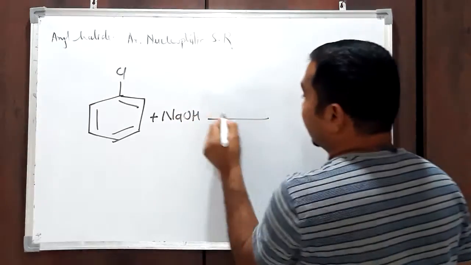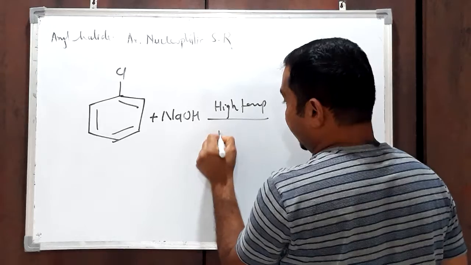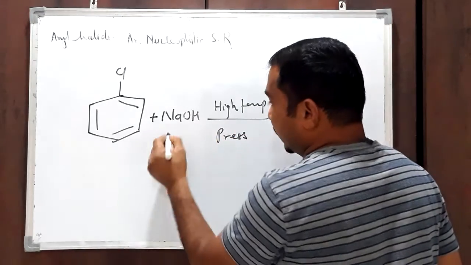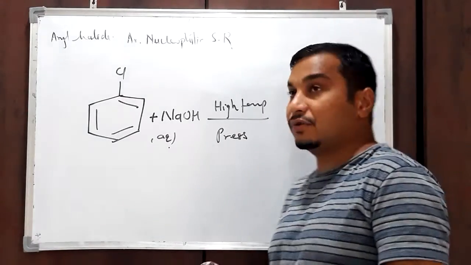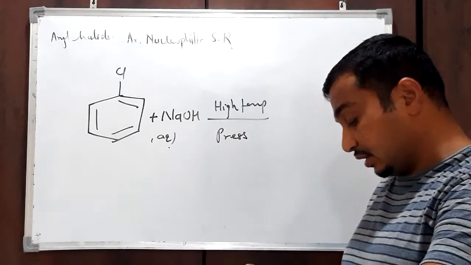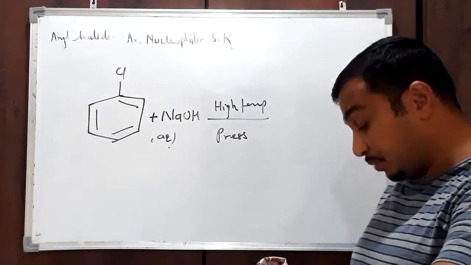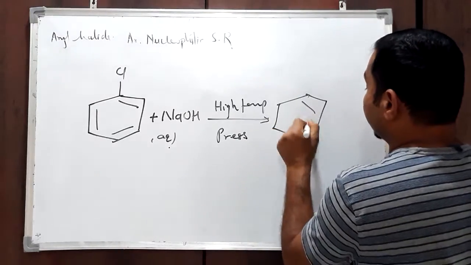NaOH at high temperature and pressure. When this chlorobenzene is treated with a concentrated aqueous solution of sodium hydroxide at high pressure and high temperature, it gives this product, phenol.